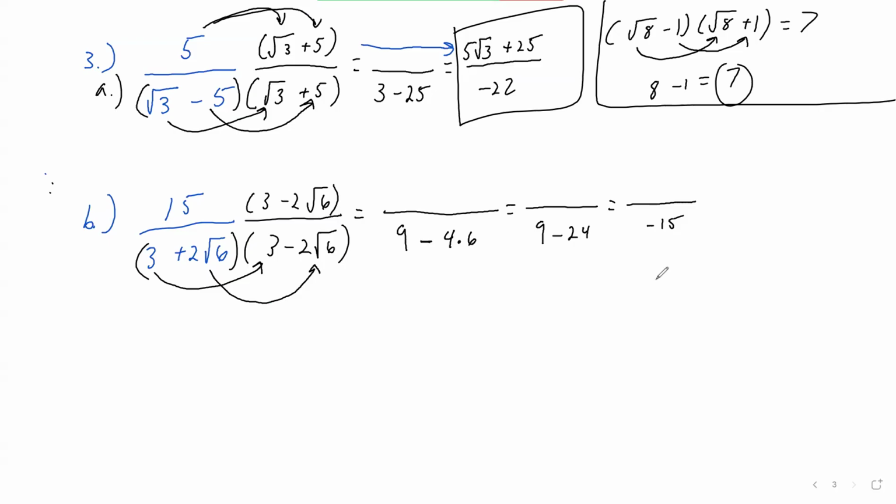Now, this is going to be hard to notice. You could technically distribute all of this, or notice that there's a 15 here and a 15 here. If you go back to chapter 14, when you are multiplying rational expressions, if it's on one side or the other, I can cancel them.